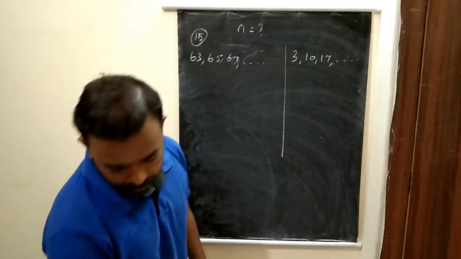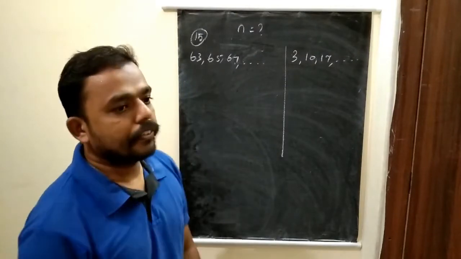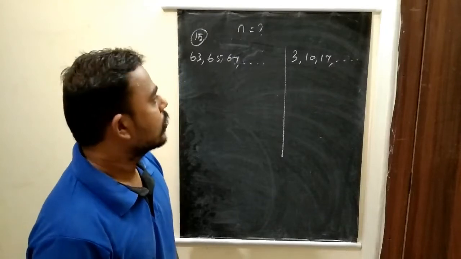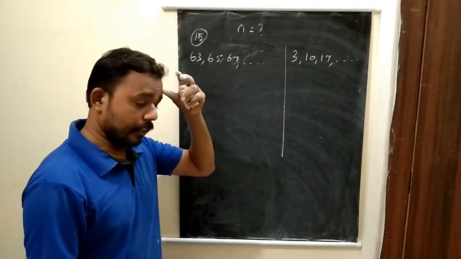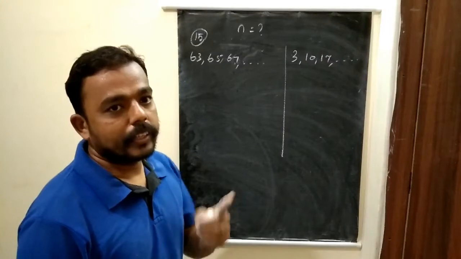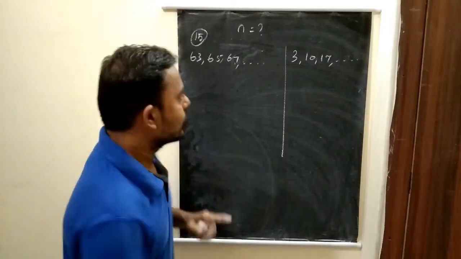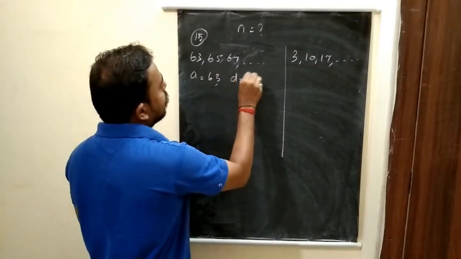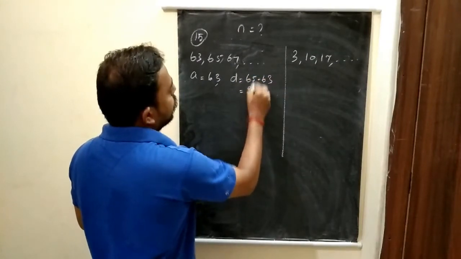So the question is, for what value of n? For what value of n means both nth terms are equal. It's going to meet, so that nth terms are equal. Here a equal to 63 and d equal to 65 minus 63, that is 2.